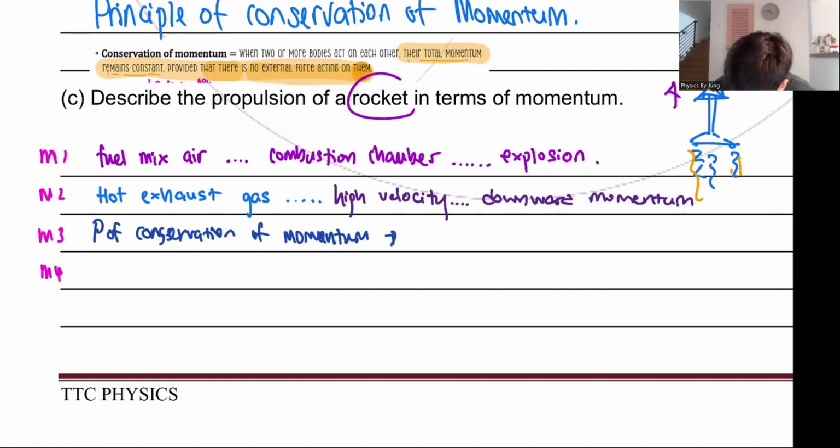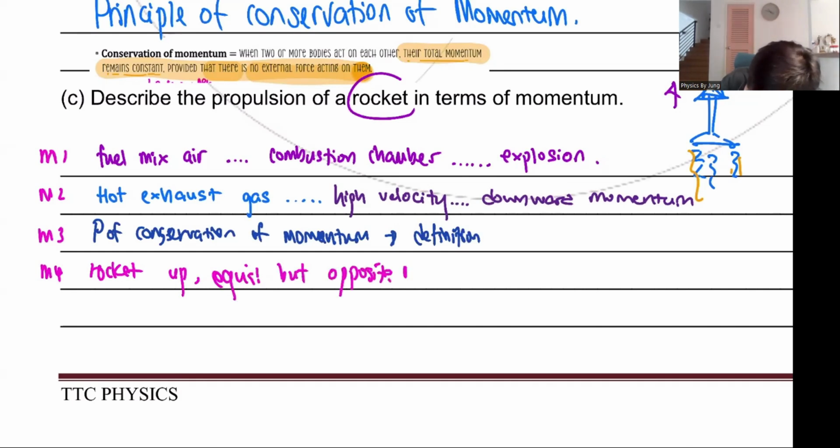Your definition: the total momentum remains always conserved. Lastly, we will say that therefore your rocket pushes upwards due to an upward, sorry, equal but opposite momentum.